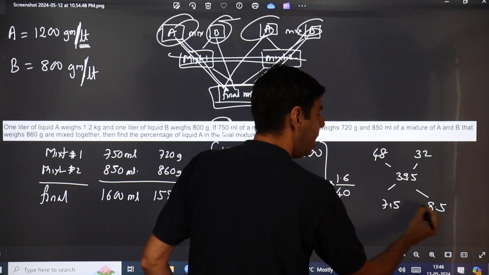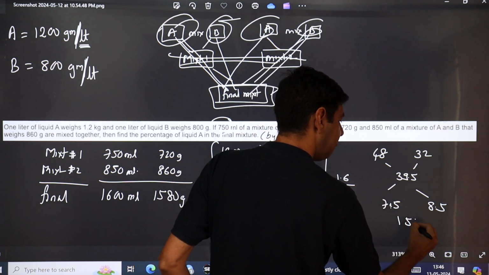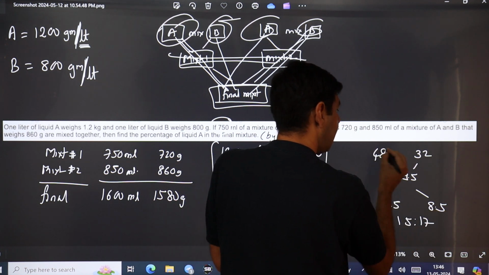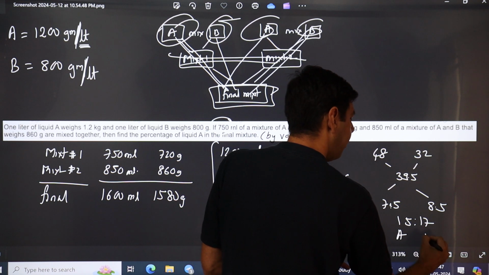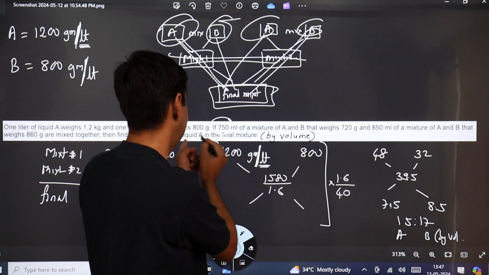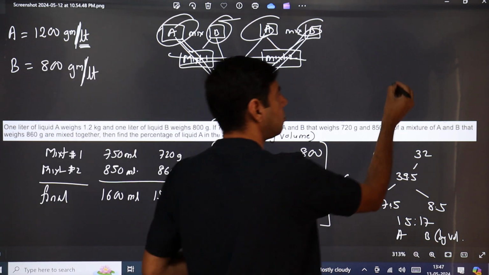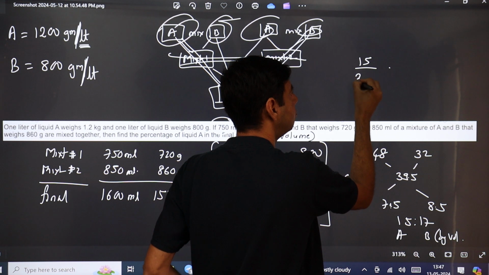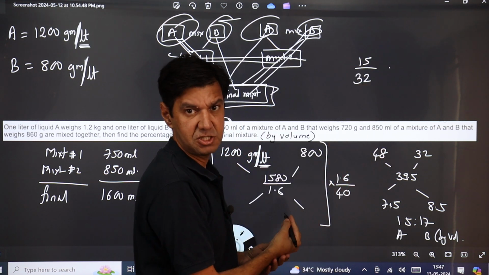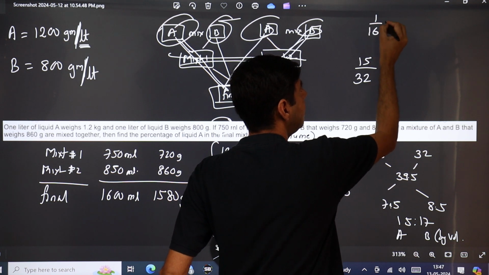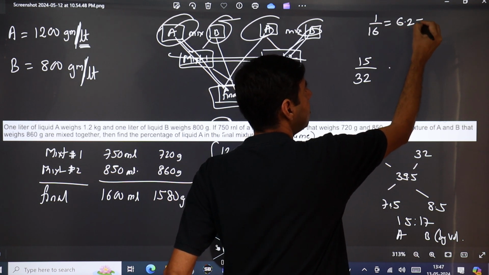So the ratio here is nothing but 15 is to double of this, 17. This is the ratio of A and B by volume. So the answer that is needed, he's asking percentage. So that is 15 out of a total of 32. And this is a fraction, and you should know 1 by 16 is 6.25%.